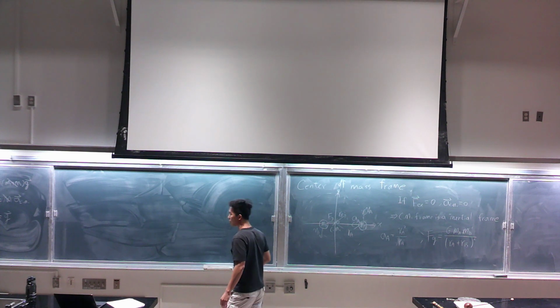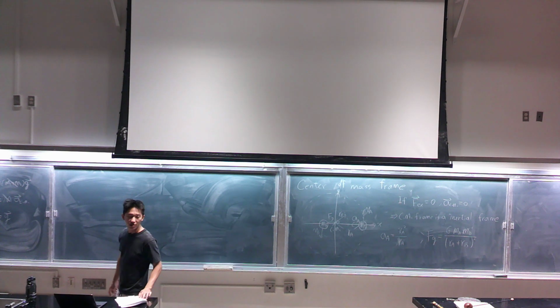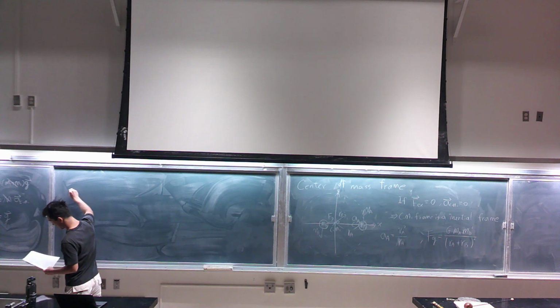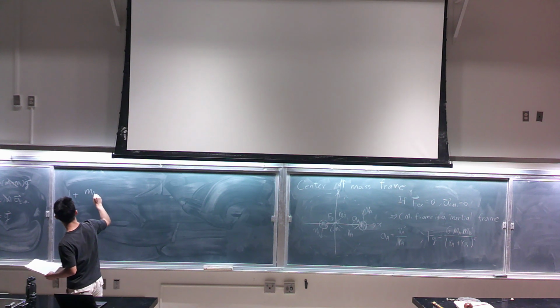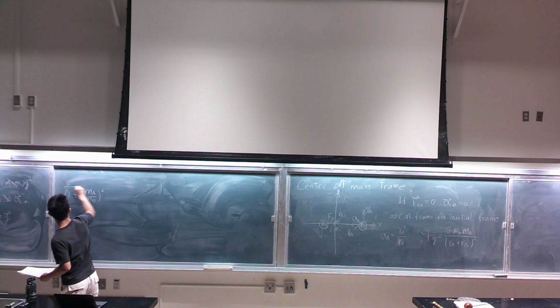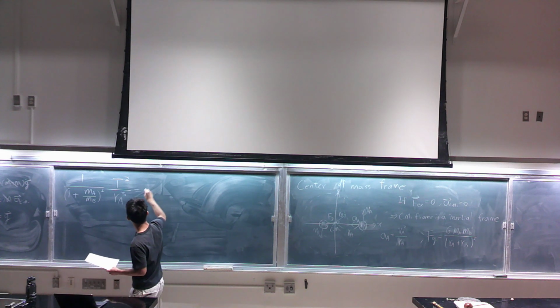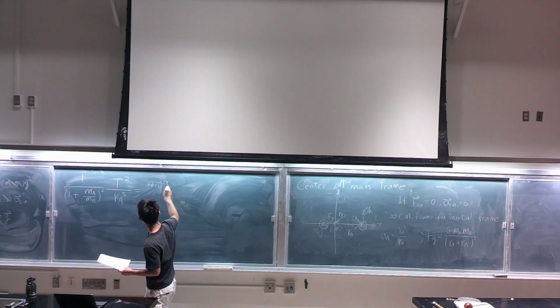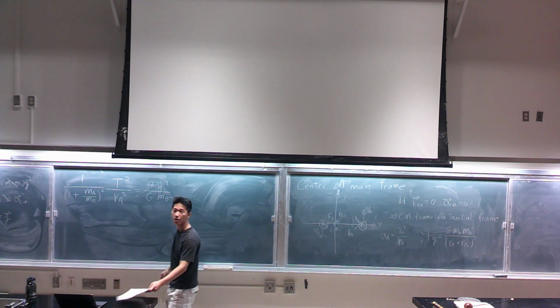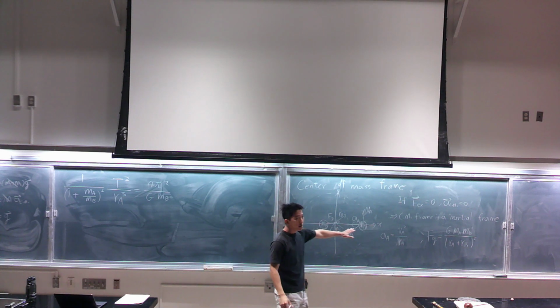You will get something very similar to Kepler's third law. At the end, you will get a factor of 1 plus MA over MB, squared, and then the period squared over radius cubed, and this constant here is the same, but this is no longer a constant independent of the mass of the Earth.